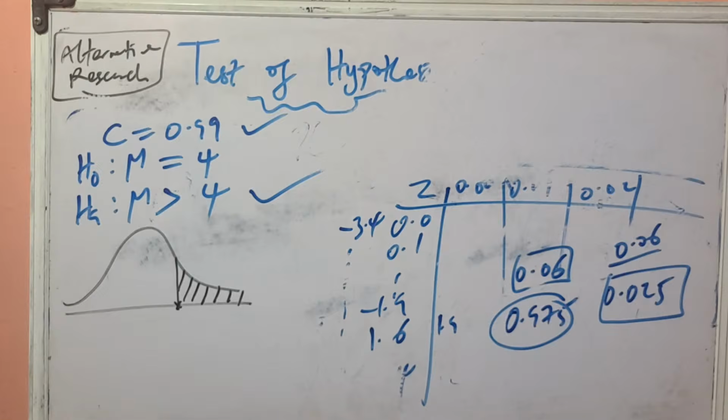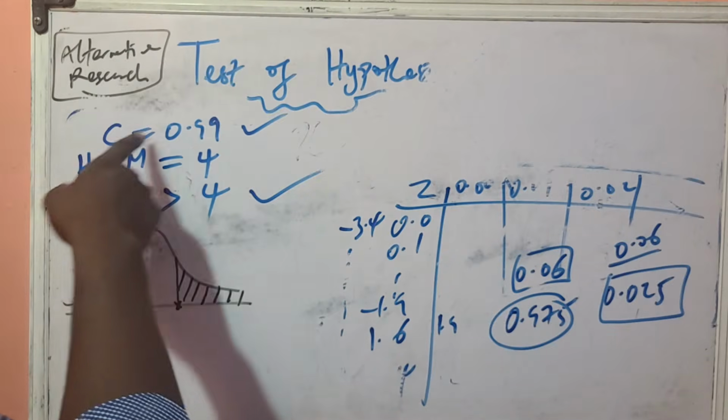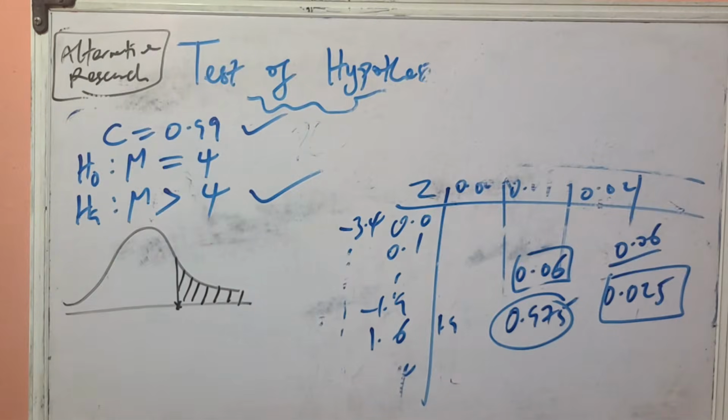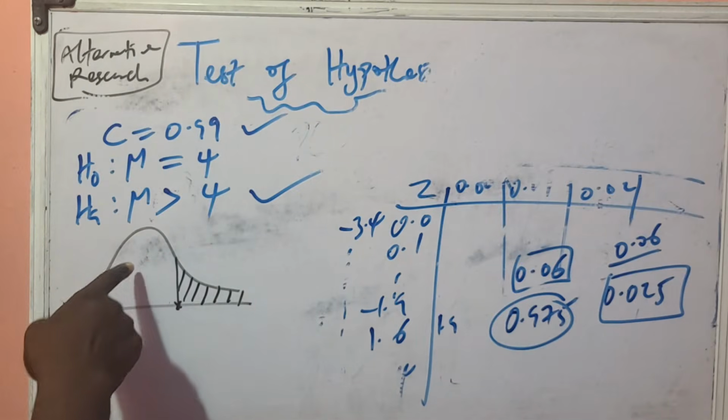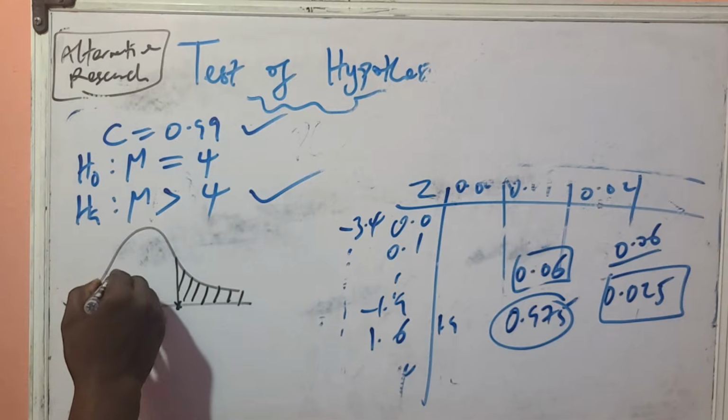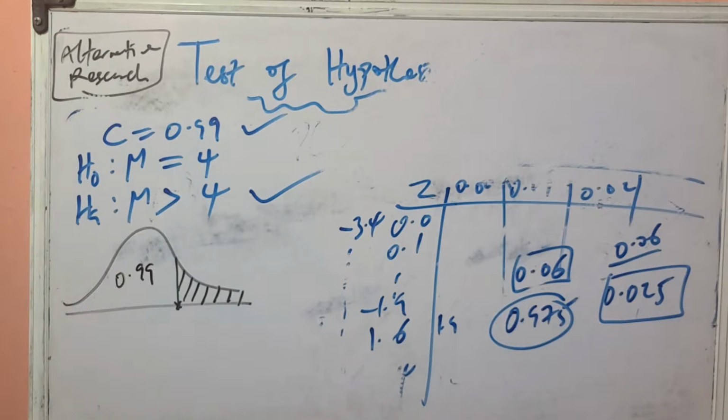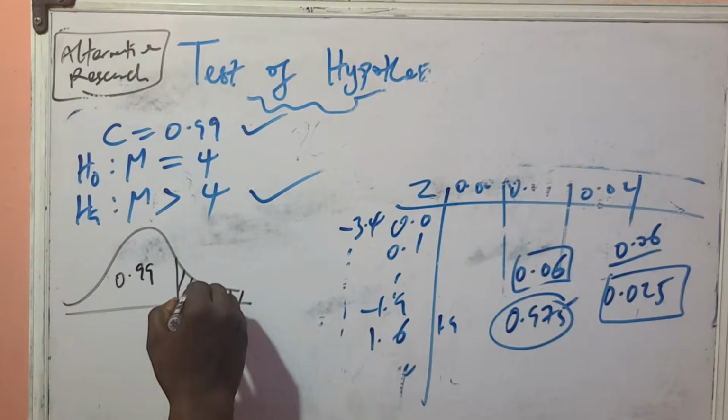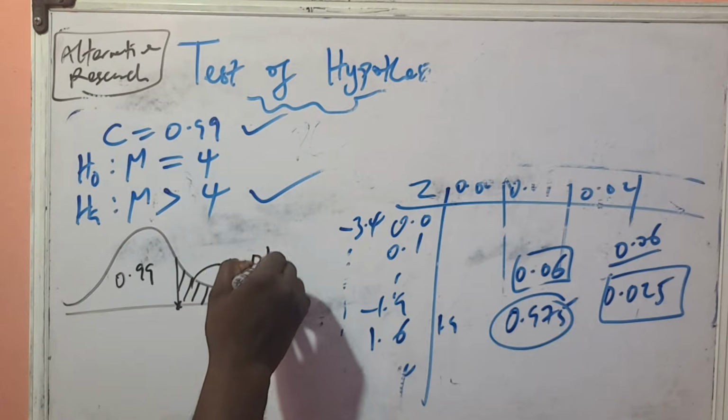Z score in this case is the critical value. So my confidence level is 0.99. I told you that the area of the acceptance region is 0.99. Obviously, the area of the rejection region in this case will be 0.01.